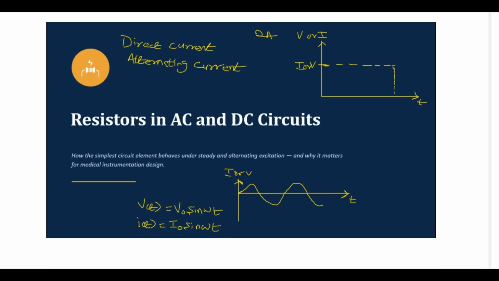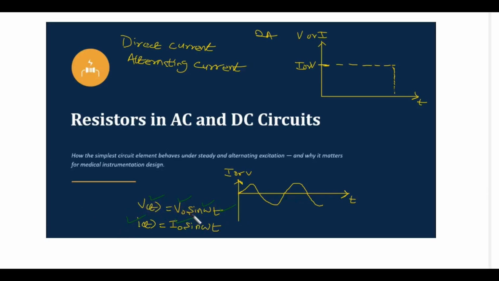Here V of t is the instantaneous value, I of t is also the instantaneous value. V naught is the maximum value, which is the amplitude. I naught is also the maximum value of the current, the amplitude. Omega is the angular velocity, and then you have time. So this is a sinusoidal quantity.